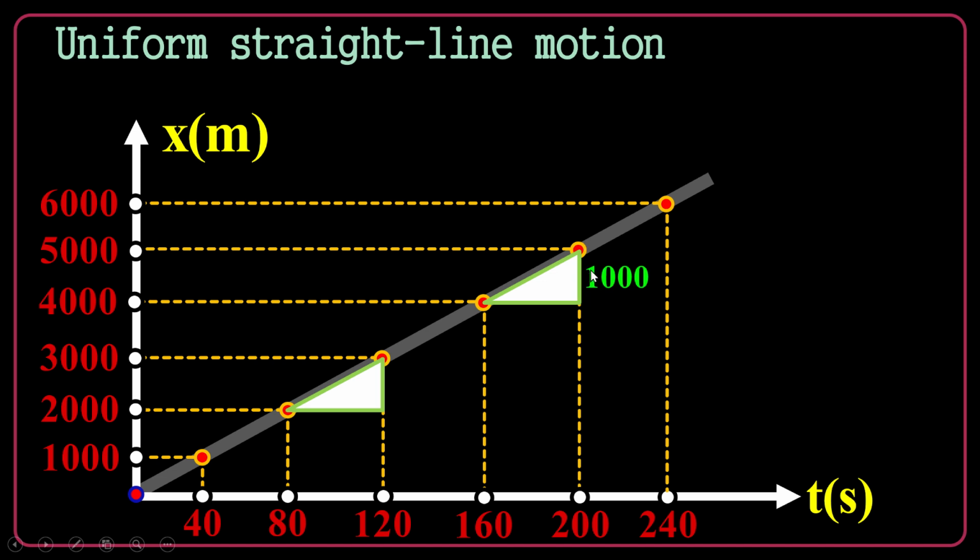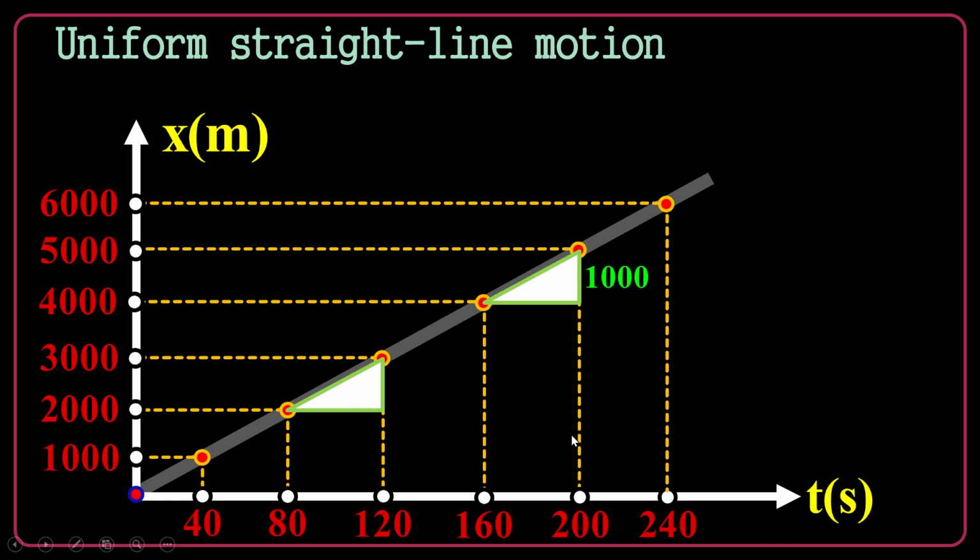Here the rise is 1000. Here also it is 1000. If you take the same time interval, I mean from 80 to 120, you see it's 40 seconds. And here I again have another 40 seconds. So in each 40 seconds, the displacement will be 1000, no matter if you take the triangle here or here or here.